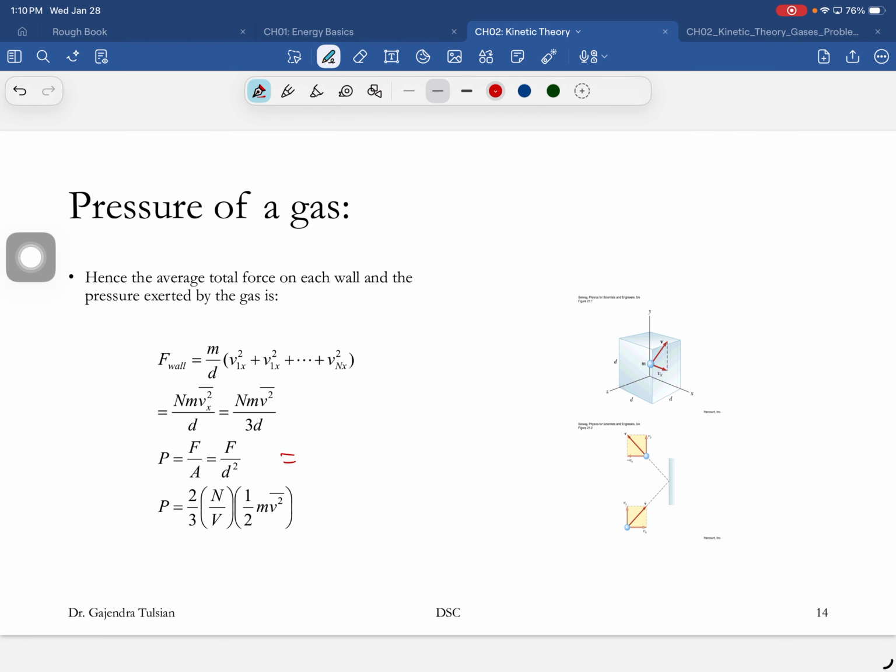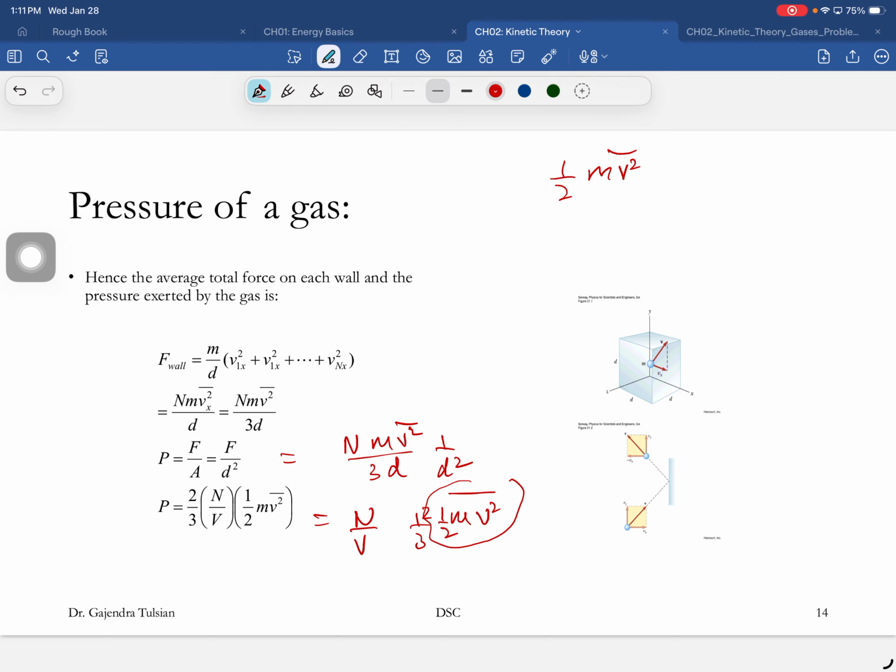If you double the average kinetic energy per particle, the speed is increased by a factor of √2. So if at 300 degrees Kelvin the molecule was going at 100 miles an hour, at 600 degrees Kelvin it would be going at 140 miles an hour.